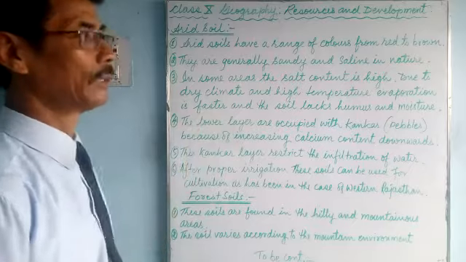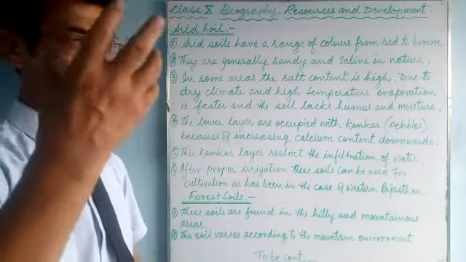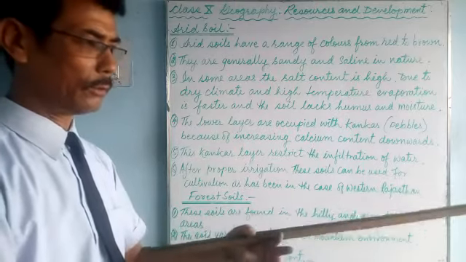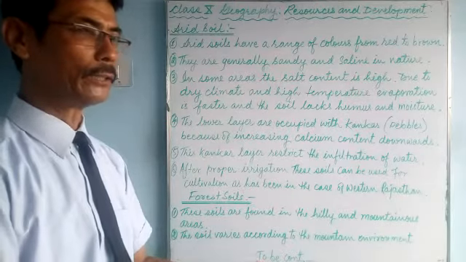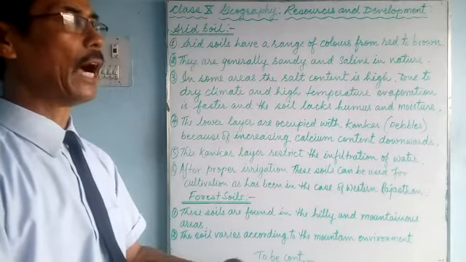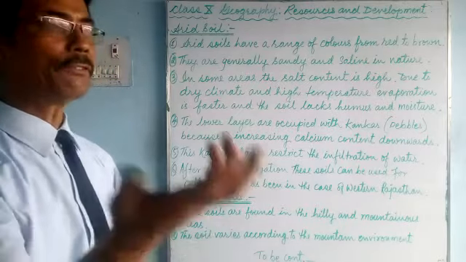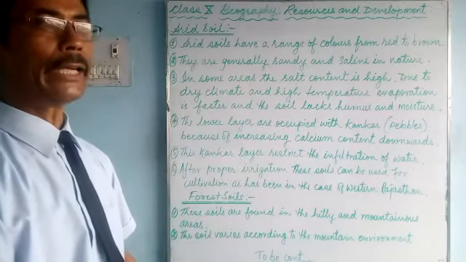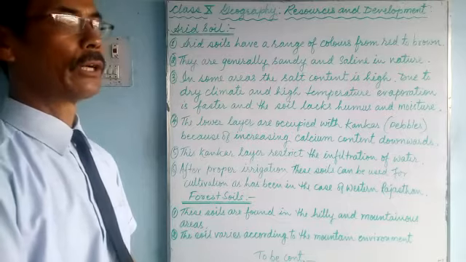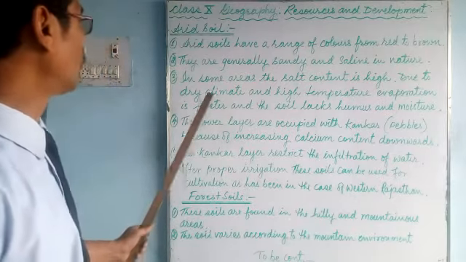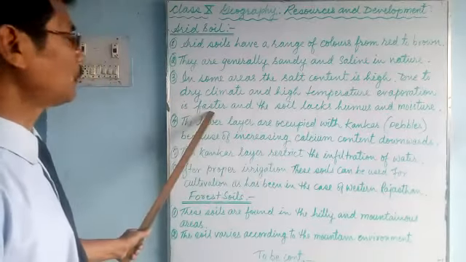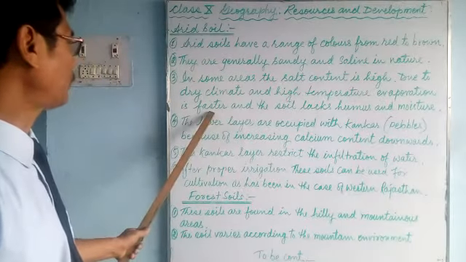Evaporation is faster. Even if it rains, the soil is very dry due to the heat, and the water evaporates very fast. In dry areas, even if it rains a little bit, the water dries up very fast. Evaporation is faster due to heat and temperature.